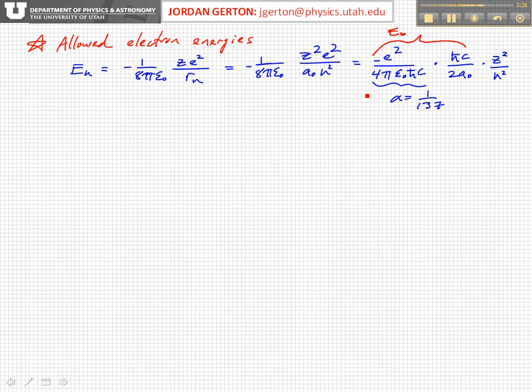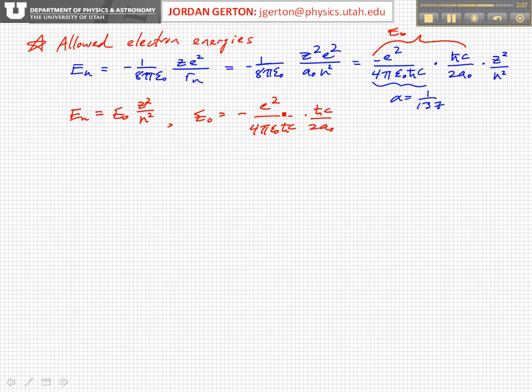Okay, and so we can say that En is equal to E naught times Z squared over n squared, where E naught is equal to minus e squared over 4 pi epsilon naught h bar c times h bar c over 2a naught. We're dividing things like this just so that it makes it easier to calculate.